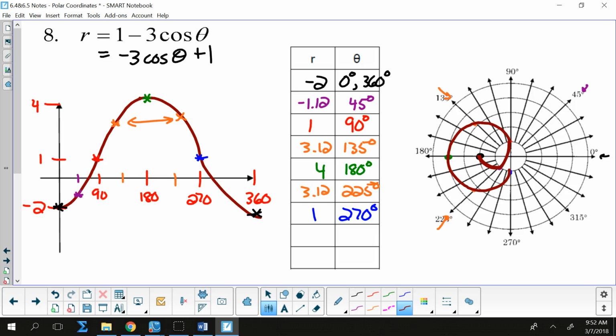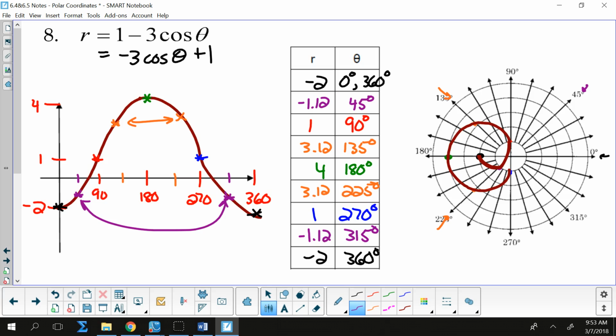I know I have to end at 360. We calculated that one up top. That's -2. That's the black dot on my graph. So halfway between those two would be 315 degrees. And these two are the same, so that should be -1.12.